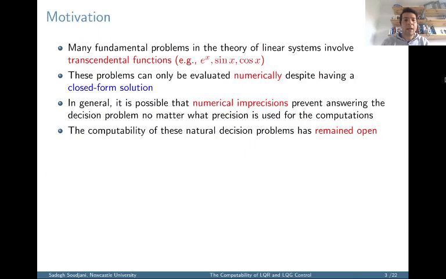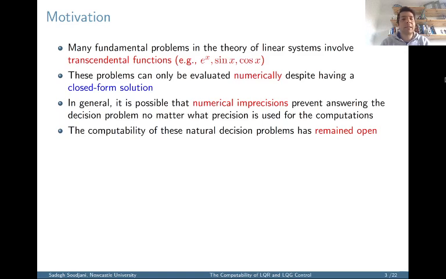Okay. The main motivation of our work was related to the fact that many fundamental problems in the theory of linear systems involve transcendental functions. So you need exponential function, sine and cosine functions to get the closed form of the solution.